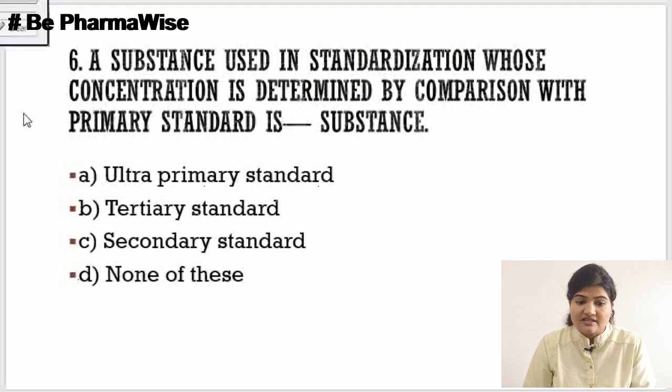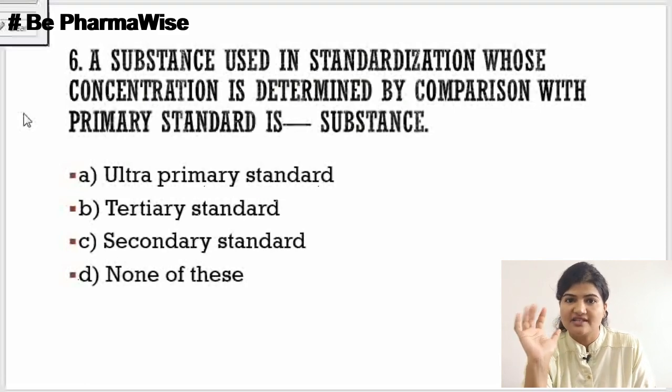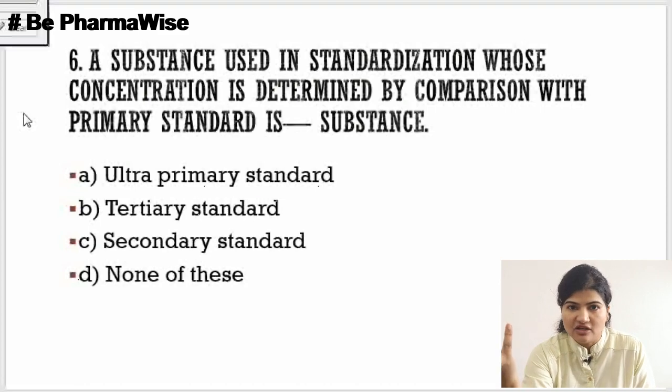Next, a substance used in standardization whose concentration is determined by comparison with a primary standard substance is... Now this question falls under the point primary and secondary standards. For this you need to understand what are primary standards and what are secondary standards. Primary standards are the substances which are of very high quality.